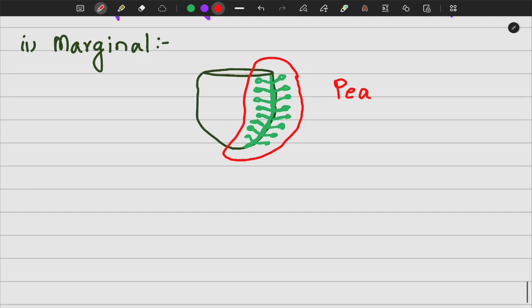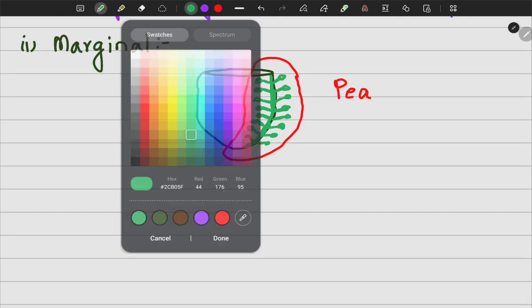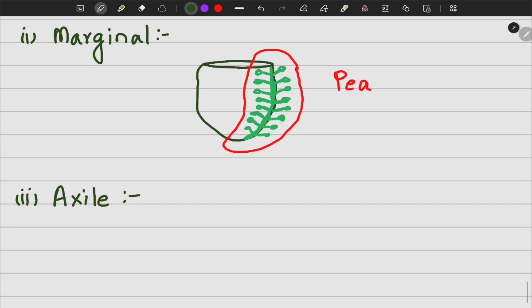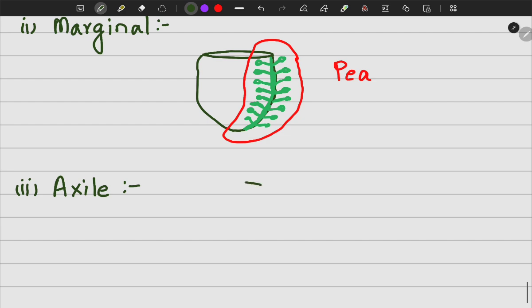The second type of placentation is axile placentation. Now in axile placentation we see that if we cut the ovary and look from the top, there is a central axis.